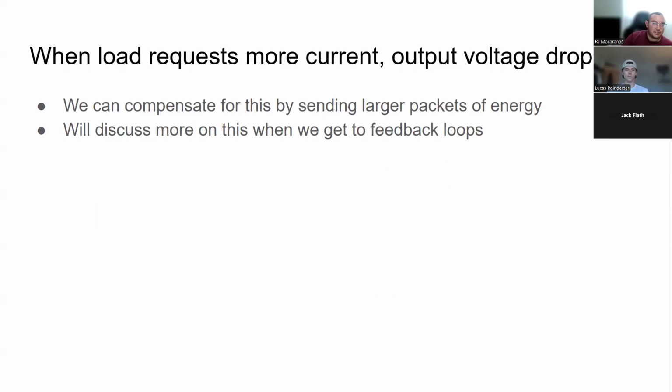And so one thing to think about, as Lucas you were asking about, is how do we control this output voltage? We send larger packets of energy through the switch node, so we can actually send more energy or less energy depending on what we need.